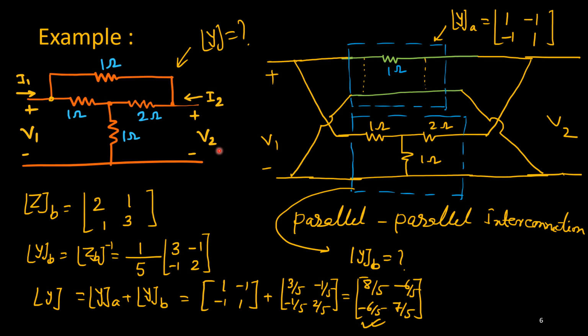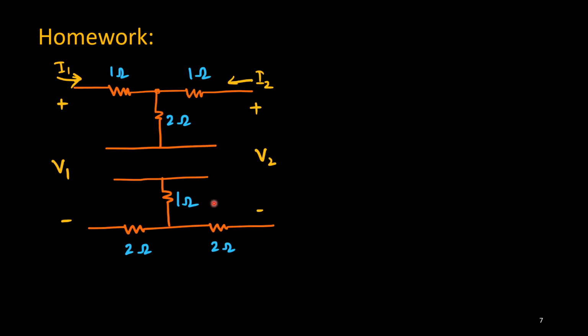Then you will find the inverse. Or what you can do, you can modify this T network by pi network. Then you will get equivalent pi again. From that you can get y parameter. So you can check, you will get the same result, right?